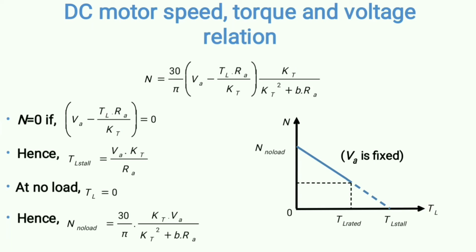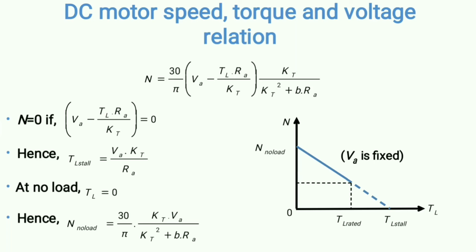And what will happen is the current will be increased, and because the motor cannot run, all the input power that the motor is taking, that entire input power will result in power loss, okay. Because we know the input power is nothing but the summation of output power plus loss. So here the motor is not rotating, that means output power is completely zero, so only loss is remaining.